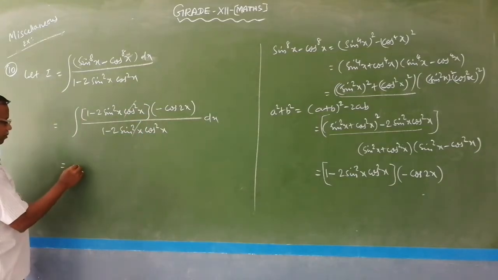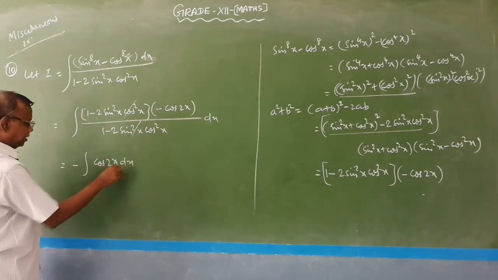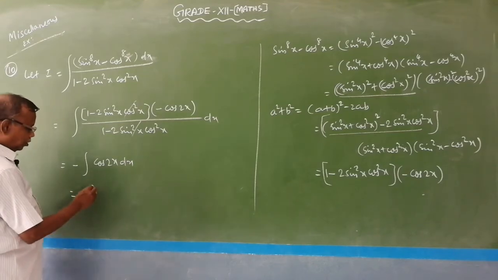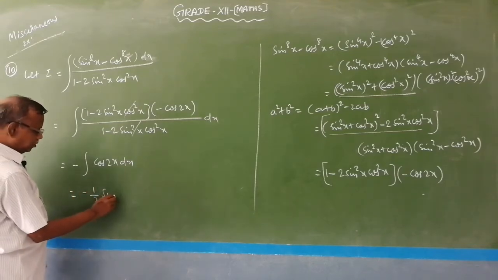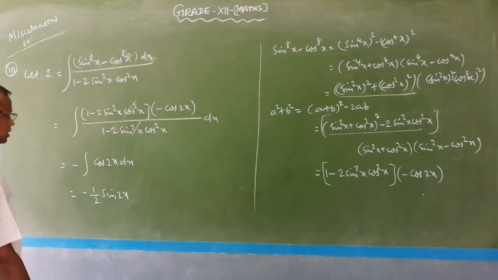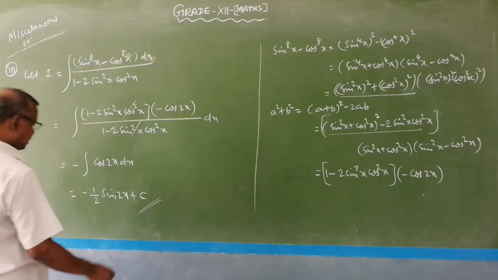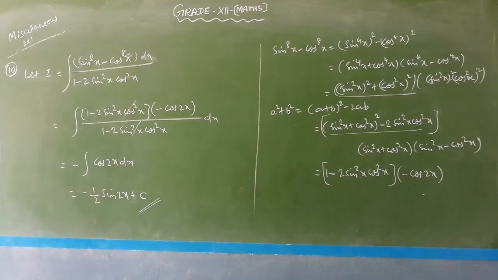So, this is equal to minus integral cos 2x into dx. So, minus 1 by 2 into sin 2x. So, cos 2x become sin 2x, and the coefficient should be divided, plus c. So, this is the answer.